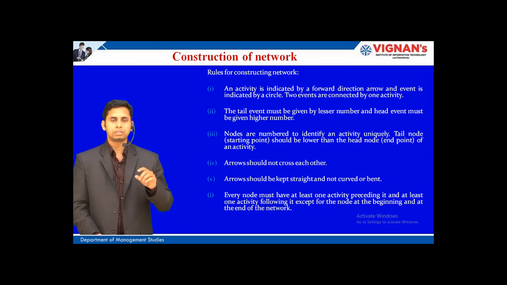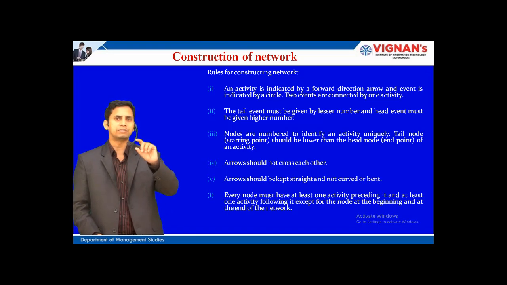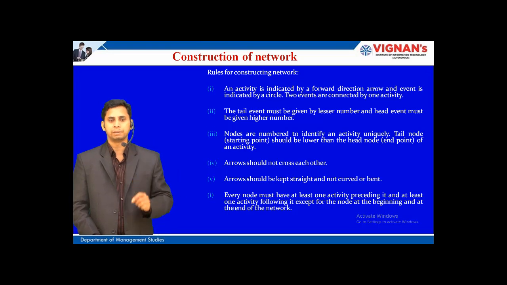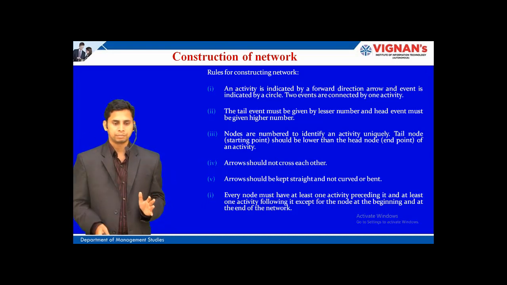So, nodes are nothing but the circles, where they are numbered to identify an activity uniquely. So, to uniquely identify that particular node, we must give a specific number. So, that number indicates that particular node, and a tail node must be lower than the head node. So, the lower starting point must be given the lesser number than the ending point.